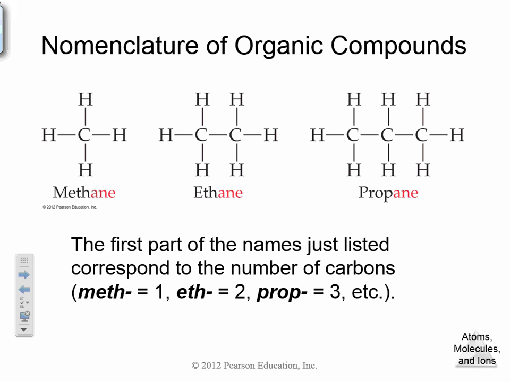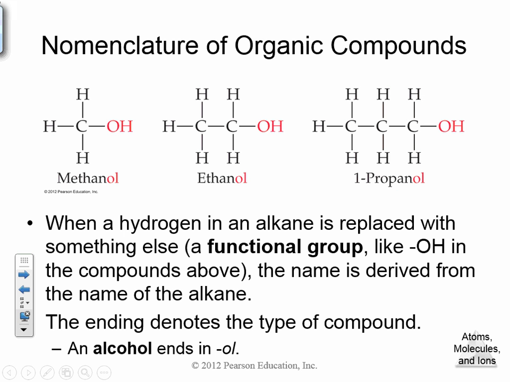Now, the one interesting thing that we did not talk about last year, and we will go more in depth later in the year, is that you can add a functional group to an organic compound. And what is a functional group? Essentially, prior here, I had methane. I had an H. Well, if I remove this H out of the equation, I can add a functional group.